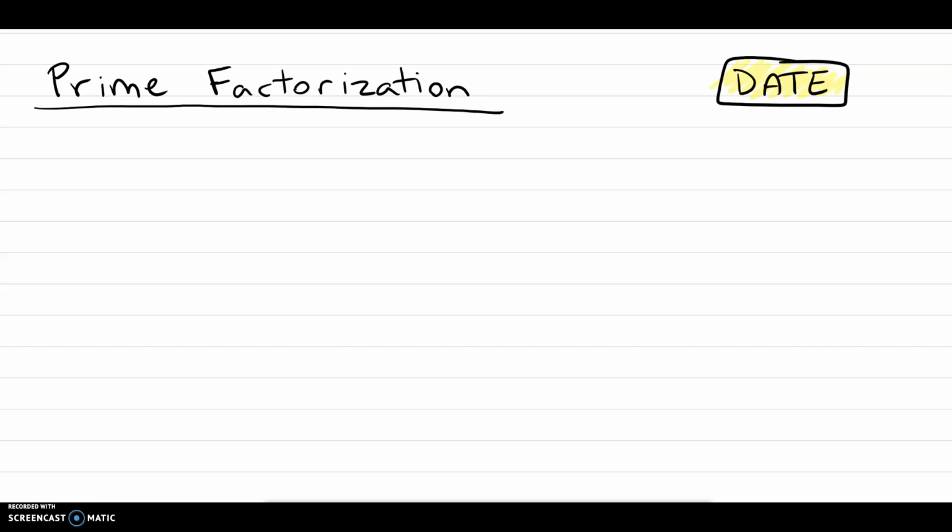So when we prime factor, what that means is that we are going to factor a number down to its prime factors.